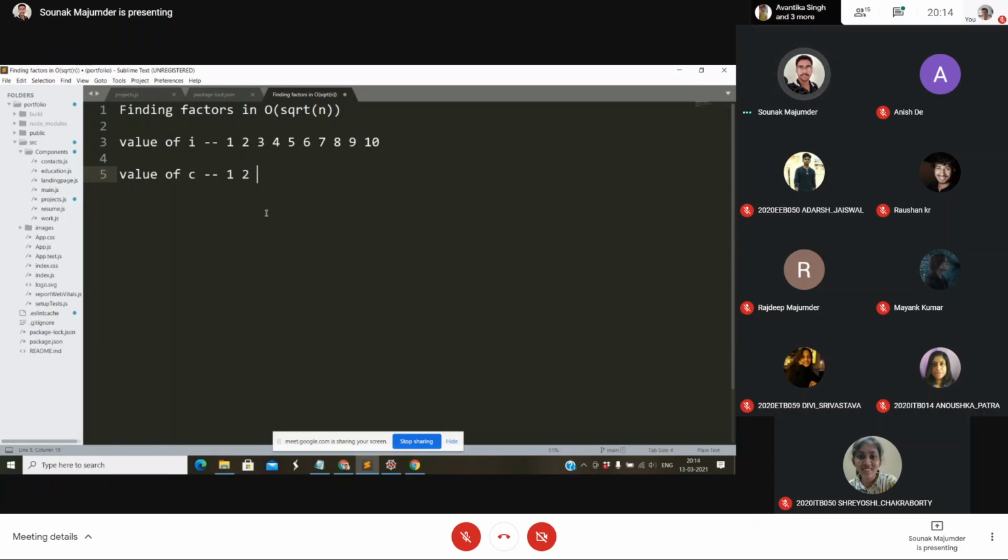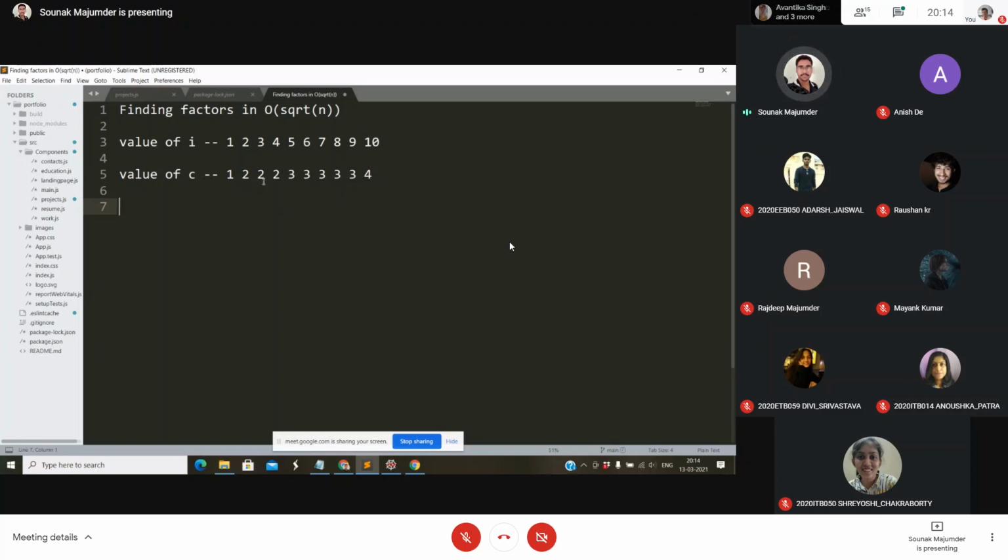For 3, it does not divide, so it's 2 again. For 4, it does not divide, so it's 2. For 5, it divides, so 3, and the rest do not divide, so 3. And on number 10, it divides 10, so it increases by 1. So here we can see that the value of C is 4, so it's not prime.